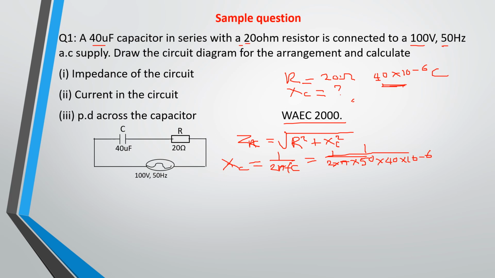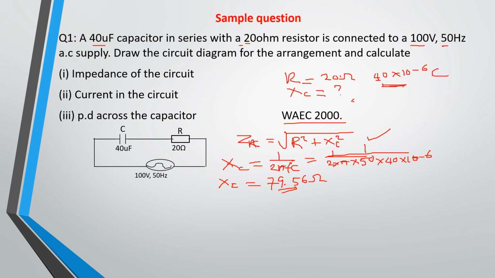When you use your calculator, you get that XC, the capacitive reactance, is equal to 79.56 ohm. So this gives you the value of the capacitive reactance. Once you have this, you can substitute into the impedance equation that we had.